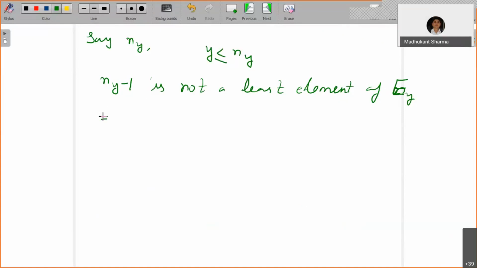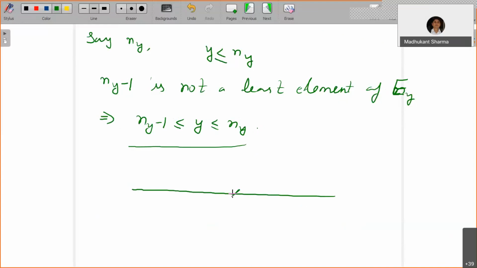This implies n_y minus 1 is less than y, which is less than or equal to n_y. So this gives you the proof. It actually says that on the real line, you take any real number y, and you will always identify two consecutive natural numbers, one sitting on the left of it and one on the right of it.